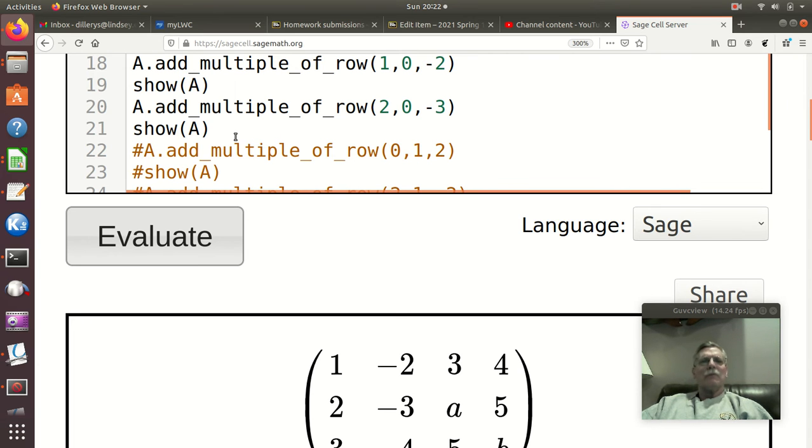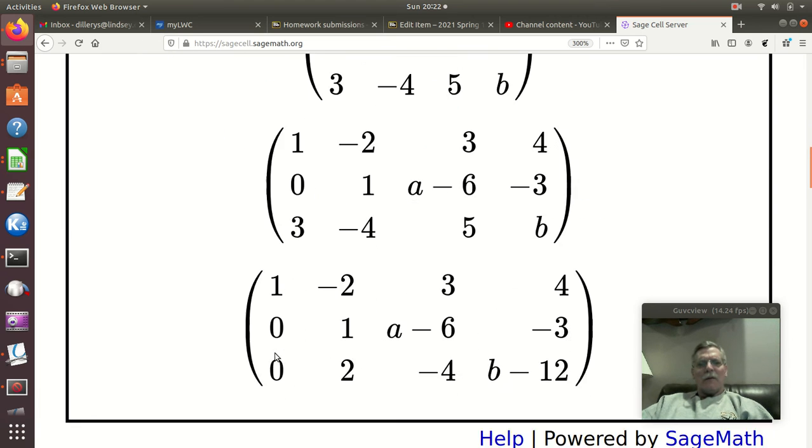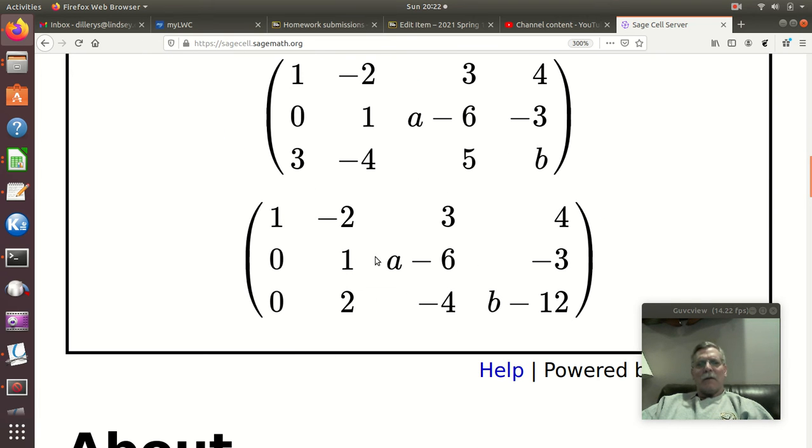So now as I look at that, that's a 1 in there, which it's supposed to be, so that's great. And so the next thing I have to do is get rid of that -2 and get rid of that 2. So if I take 2 times this middle row and add it to this row 0, I'll get rid of that -2.